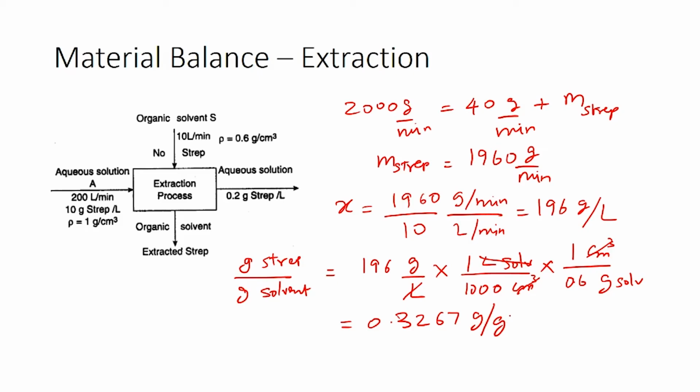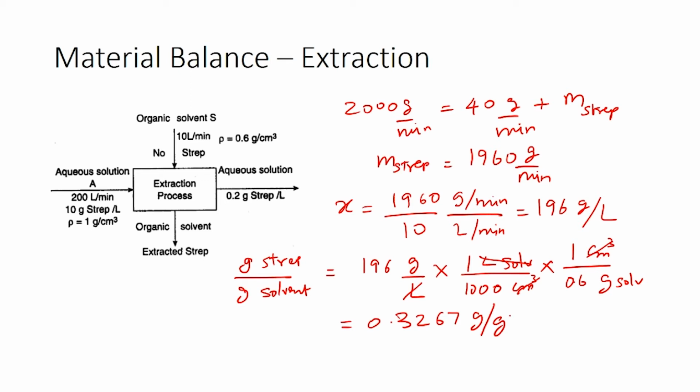As I already said, mass fraction would be grams of streptomycin per gram of solution, not per gram of solvent. So, now we know that there is 0.3267 grams of streptomycin per gram of solvent, which means 0.3267 grams of streptomycin is present in 1 plus 0.3267 grams of solution.